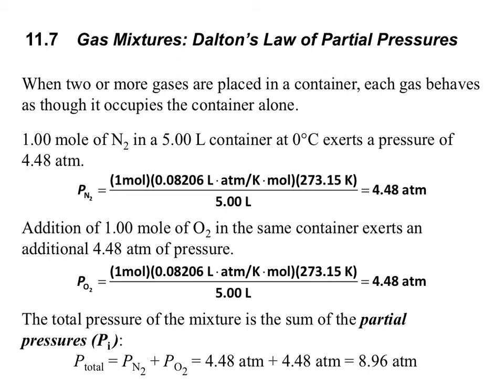If we add 1 mole of oxygen in the same container, it will also exert 4.48 atmospheres of pressure. The total pressure, though, will be the sum of these two pressures, which is 8.96 atmospheres. But both gases apply that pressure of 4.48 atmospheres independently.